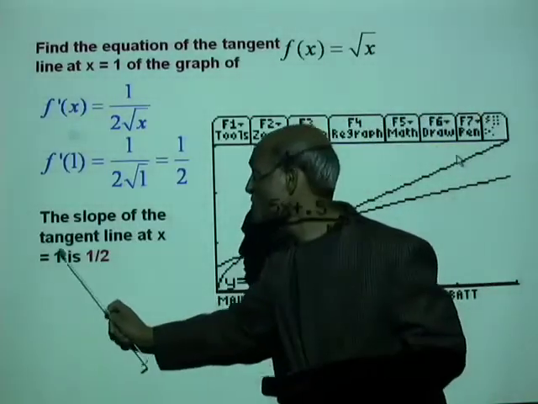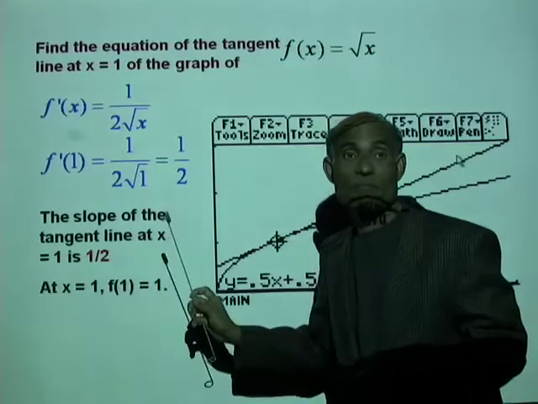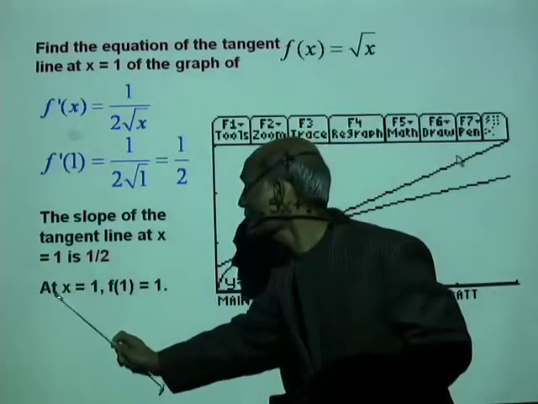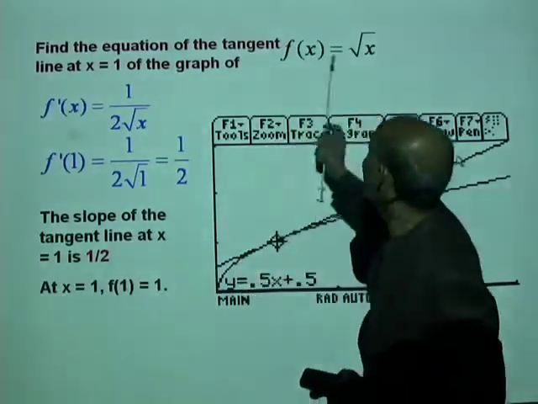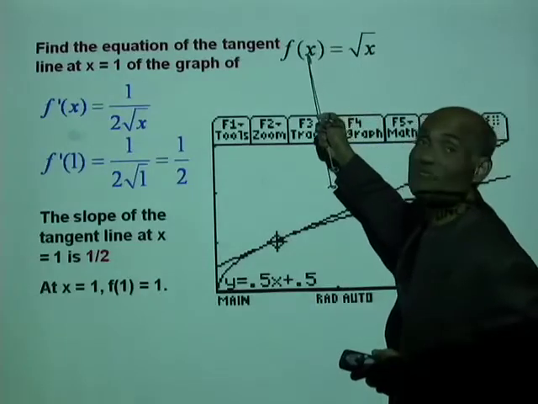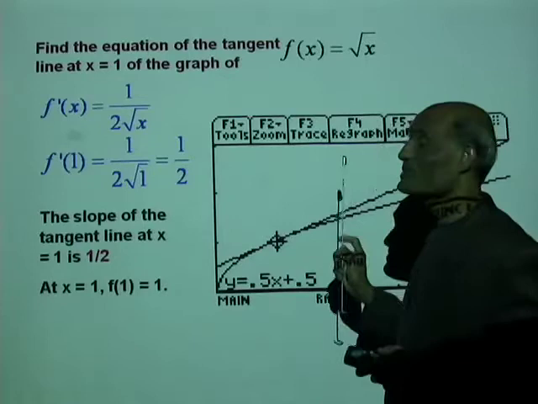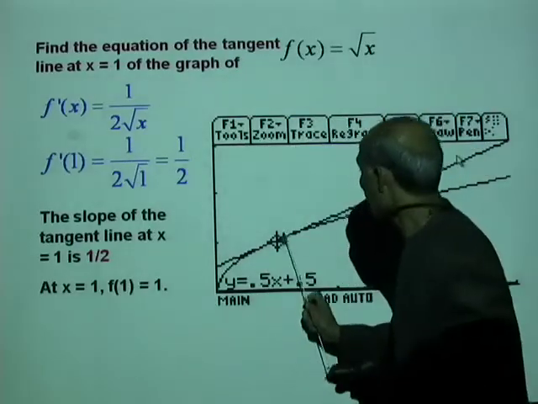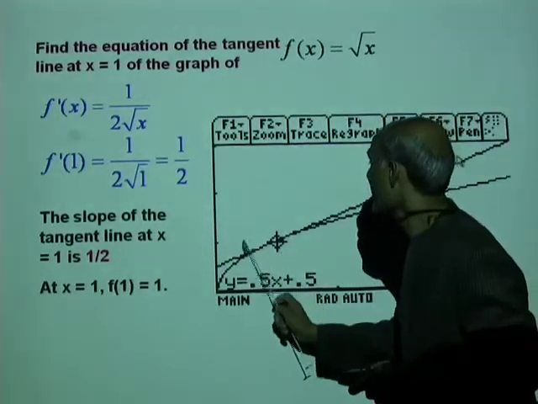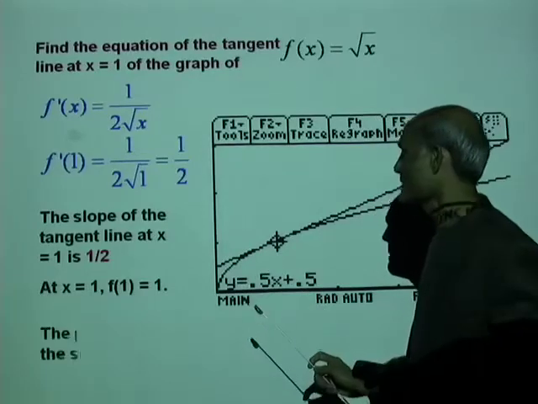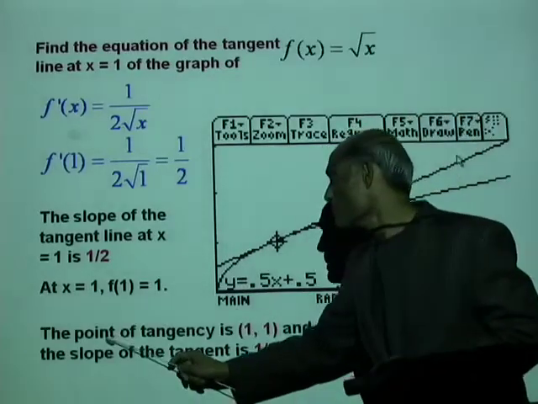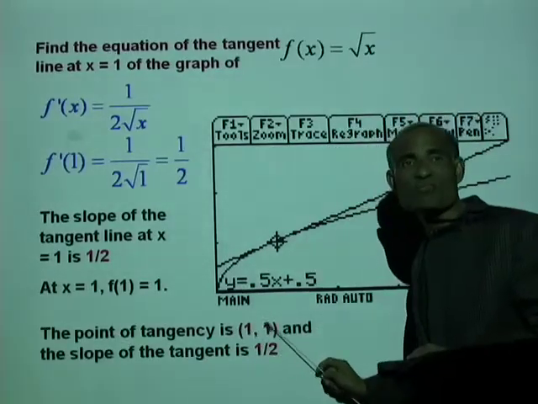So the slope of the tangent line is 1/2, and the point is x equal to 1. When x equal to 1, what is the value of the output y? f of 1 equal to 1. That means this point is x equal to 1, y equal to 1. That's right. So the point of tangency is 1, 1.